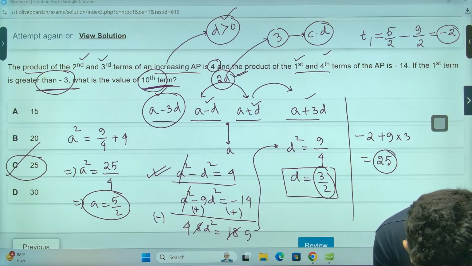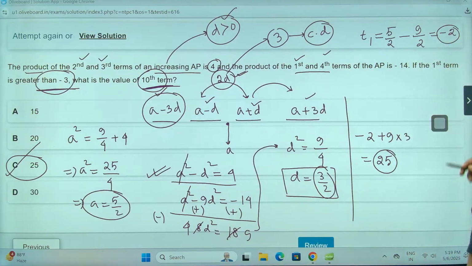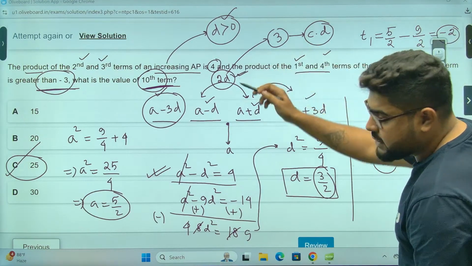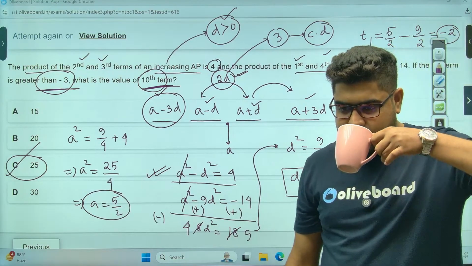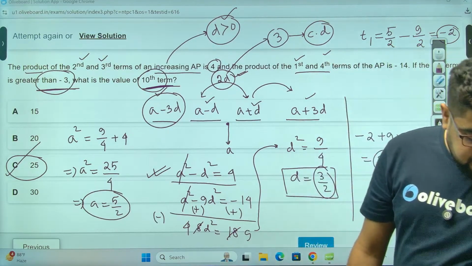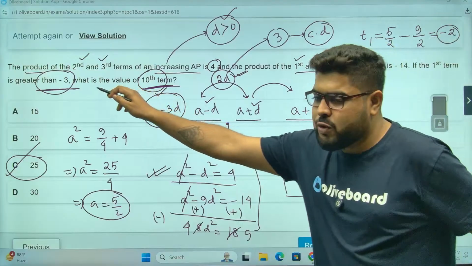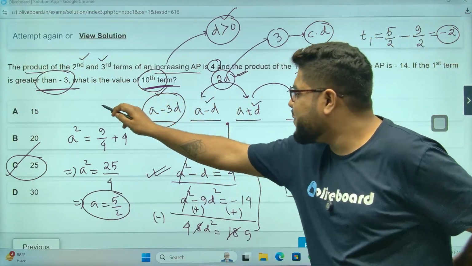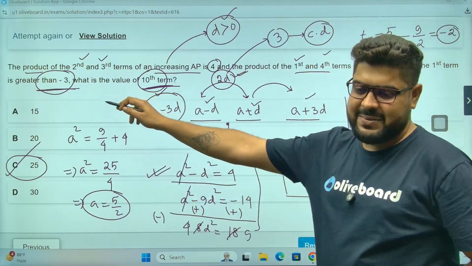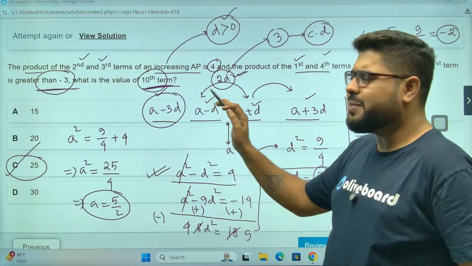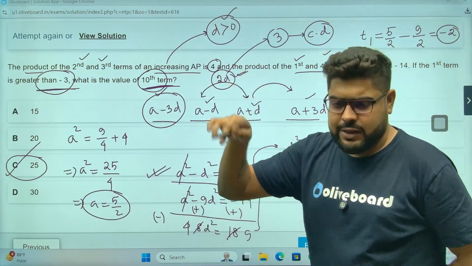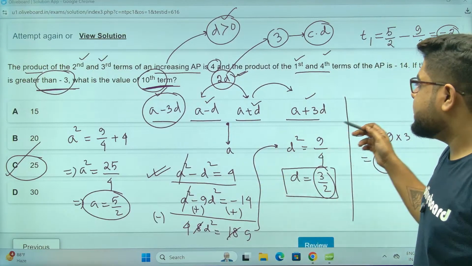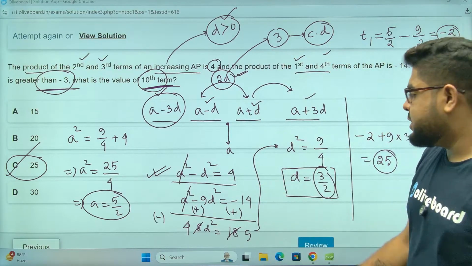Yes, Reena. Exactly. Now again, this was a very good question. Lengthy question. Definitely lengthy question. Because if you normally go by very normal calculations, a plus d, a plus 2d, a plus 3d, the normal way everybody does it, then the calculations will be even larger.